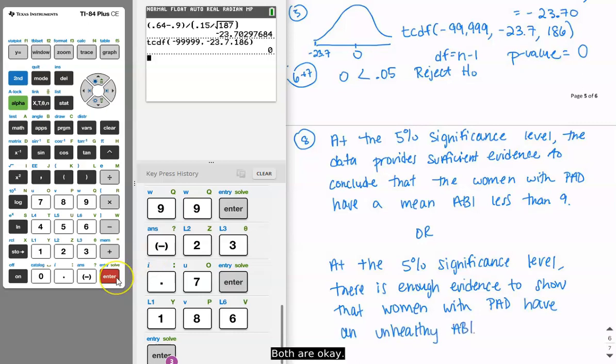All right, so both are okay. They say slightly different verbiage, but still illustrate that same idea that there is enough evidence. It provides sufficient evidence to conclude, otherwise, that it's not 0.9 or greater.